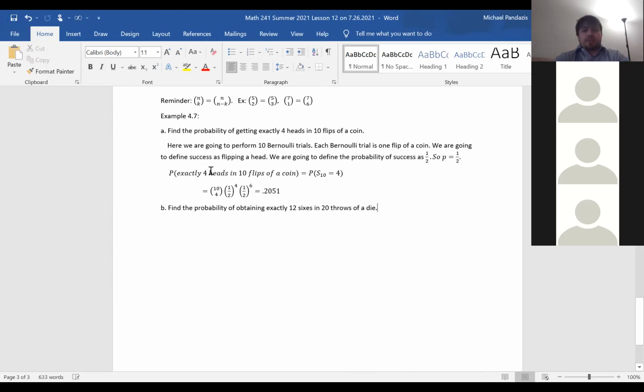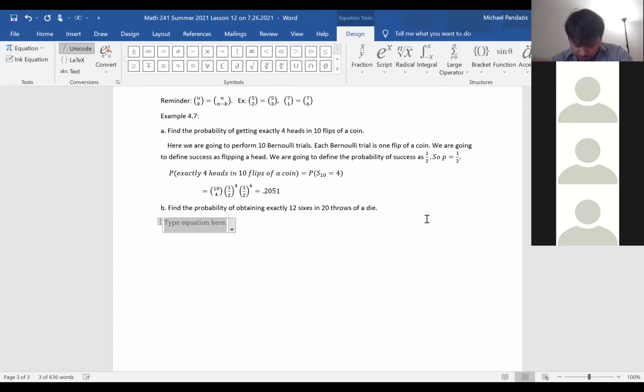So if I asked you this question yesterday, or even just 2 hours ago, you might have been stumped for hours trying to figure out the probability of obtaining exactly 12 sixes in 20 throws of a die. That would be maybe a very difficult question. Now, if you get what I just taught you here, then it's very easy. What is the probability of exactly 12 sixes in 20 throws of a die?